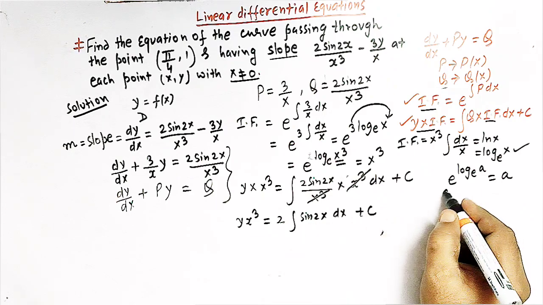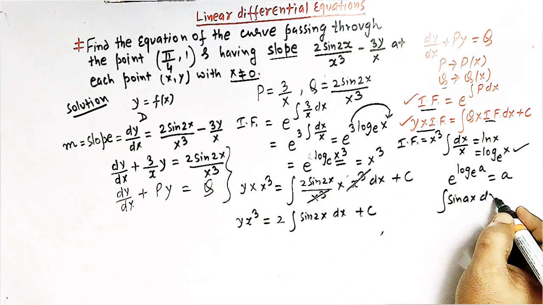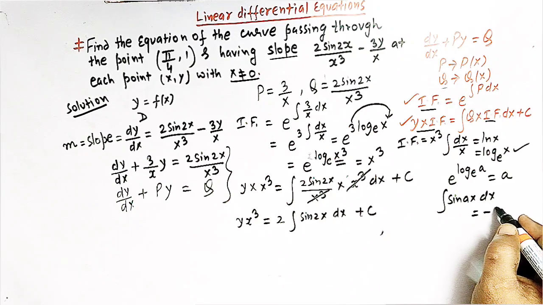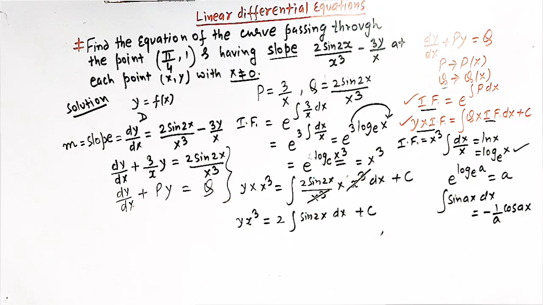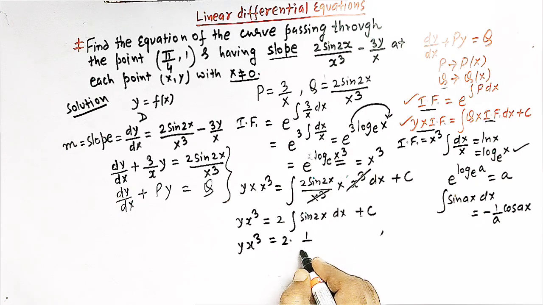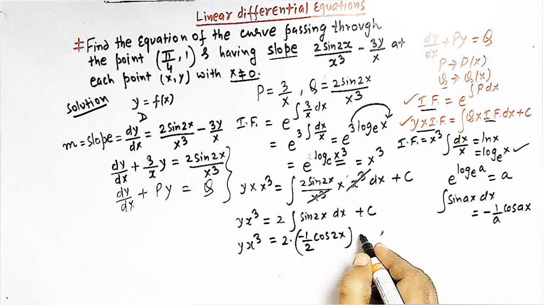Now the integral of sine ax dx is given by minus 1 over a cosine ax, right? So the integral of sine 2x is given by 1 over 2. Here we have the negative sign, then we have cosine 2x, and c is the constant of integration.